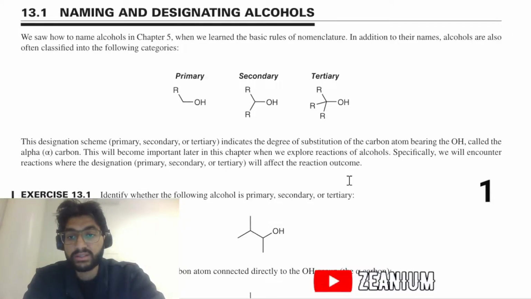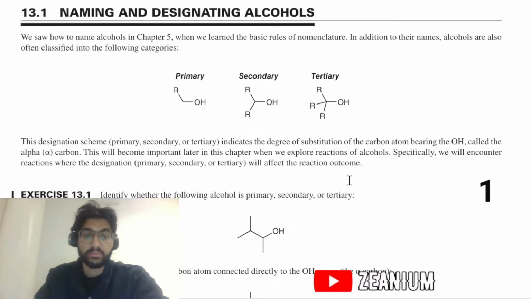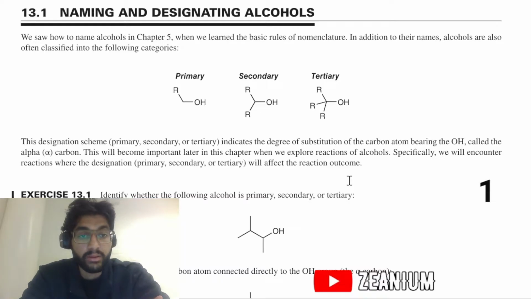This designation scheme indicates the degree of substitution of the carbon atom bearing the OH, called the alpha carbon. This will become important later in this chapter when we explore reactions of alcohols. Specifically, we will encounter reactions where the designation, primary, secondary, or tertiary, will affect the reaction outcome.